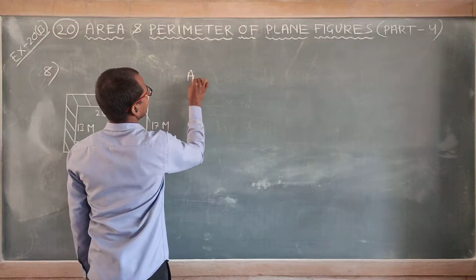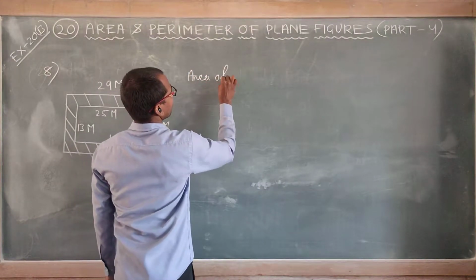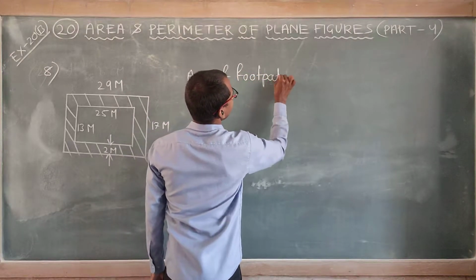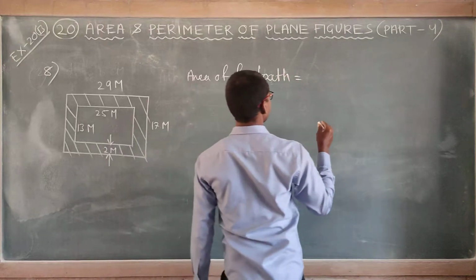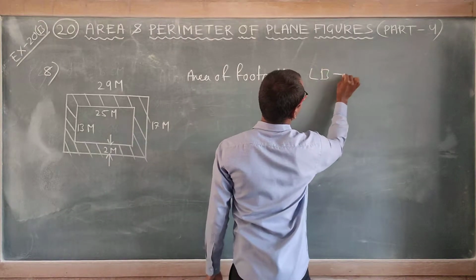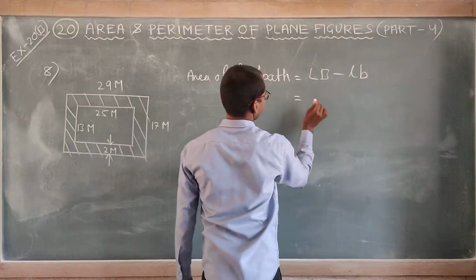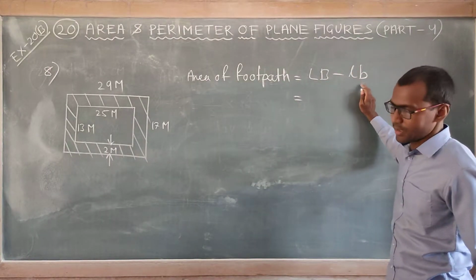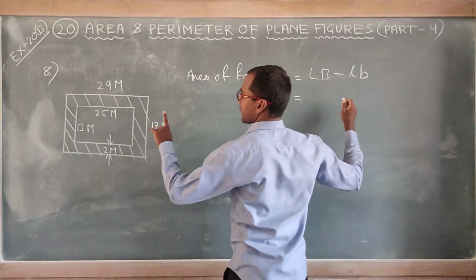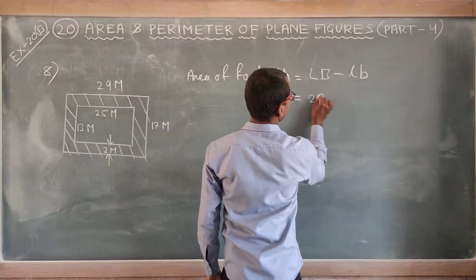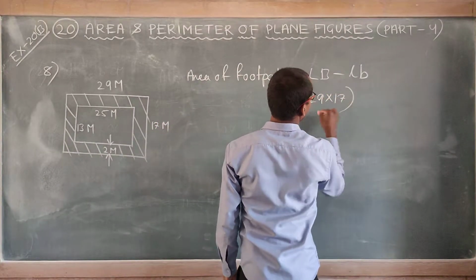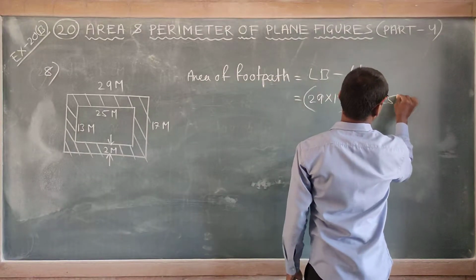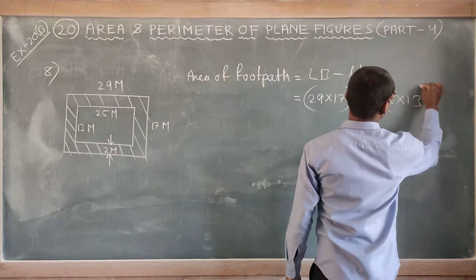So area of footpath is equal to LB minus LB, means area of outer rectangle minus area of inner rectangle. So 29 into 17 minus 25 into 13.